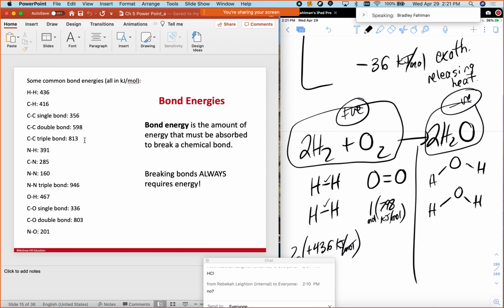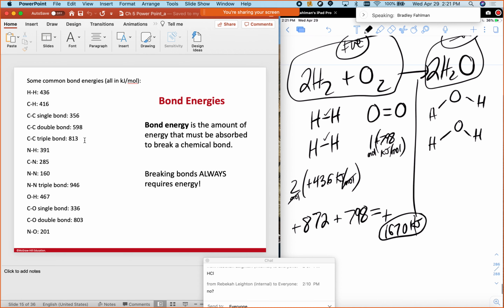Okay. And so those are all the ones that are being broken, so they're positive. So you would say then, 2 times 436 is 872 plus 798. So that's going to be plus 1670 kilojoules.